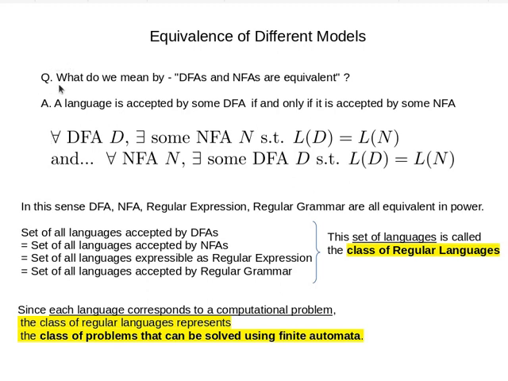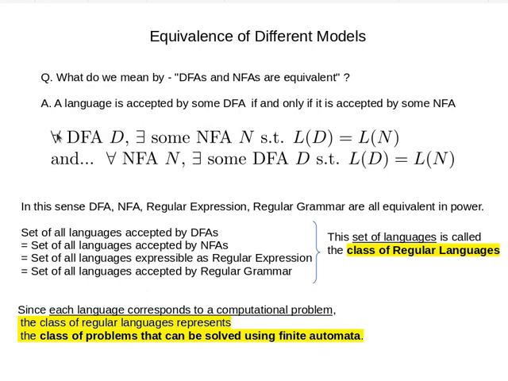So now what do we mean by DFAs and NFAs are equivalent? It means that if we can solve a problem by using a DFA, then we can also solve this problem by using an NFA, and vice versa. If we can solve it using NFA, then we can solve it using DFA.